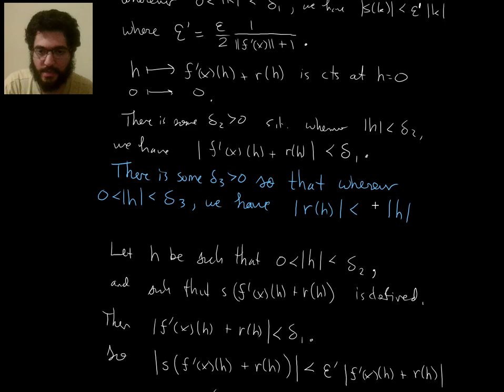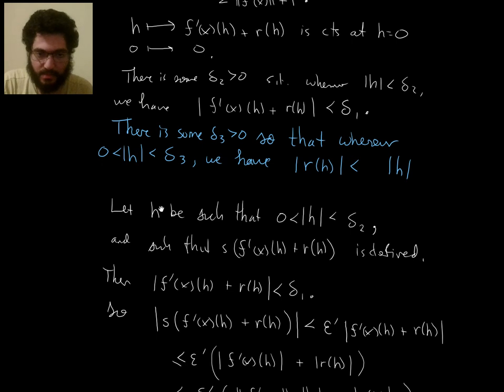And the positive number I pick is 1. I think that should work. And now over here, where I fix h, instead of using delta 2, I'll use the minimum of delta 2 and delta 3.